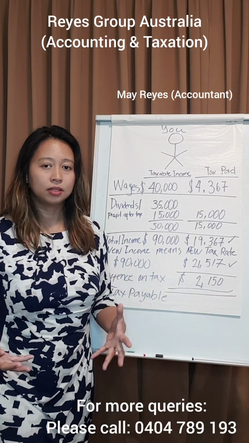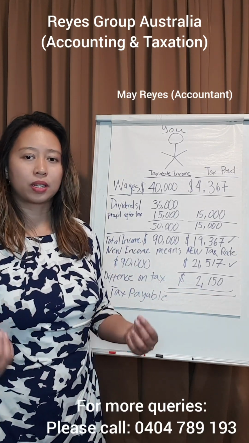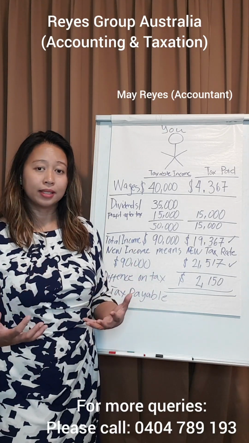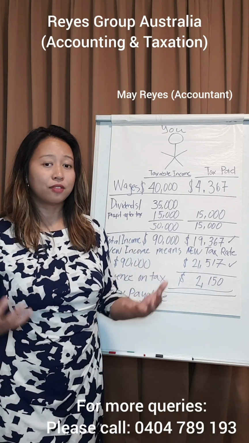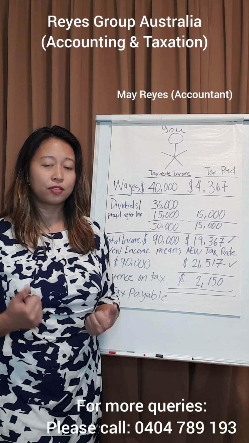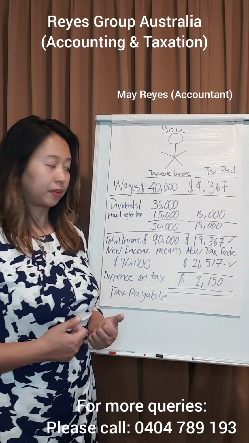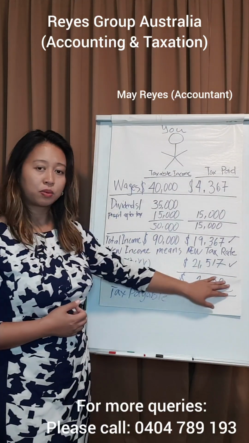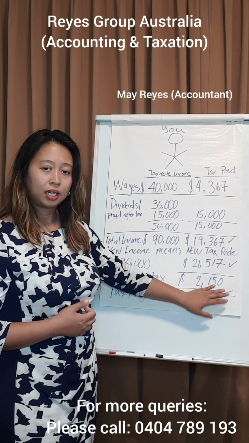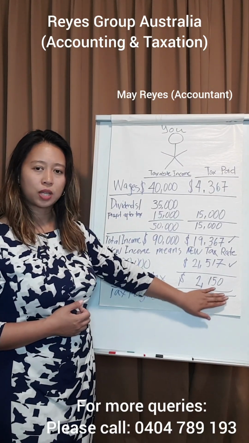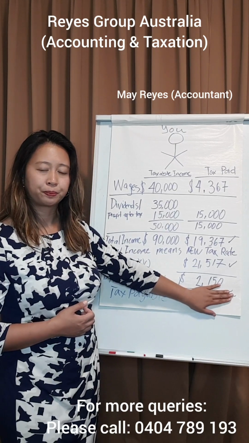As an accountant, we help our clients strategize when it is advisable for them to get the dividends of their own company, so that this will be avoided and the director doesn't need to pay the additional 2,150.